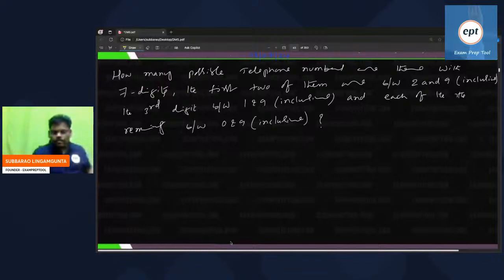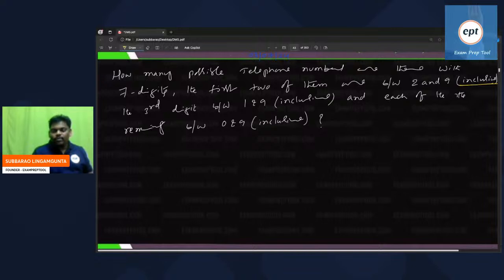I'm reading the problem. 7 digits. The first two of them are between 2 and 9 inclusive, which means you can include 2 also, you can include 9 also. The third digit between 1 and 9 inclusive, and each of the remaining between 0 to 9 inclusive.